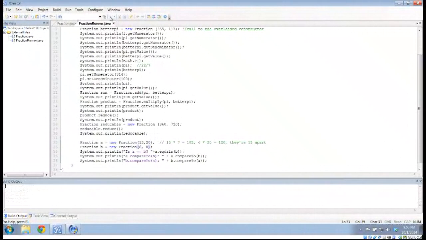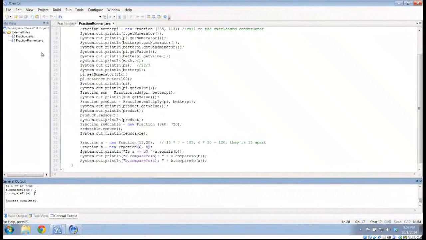When I run it one last time, then notice that my A and B are equal to each other, and so my compareTo returns a 0, as it should.